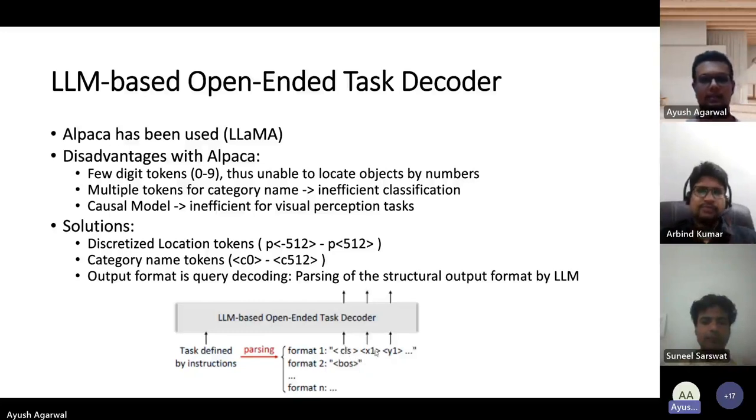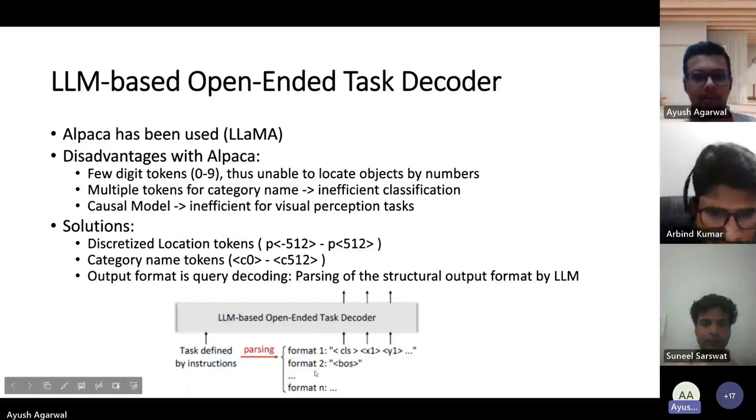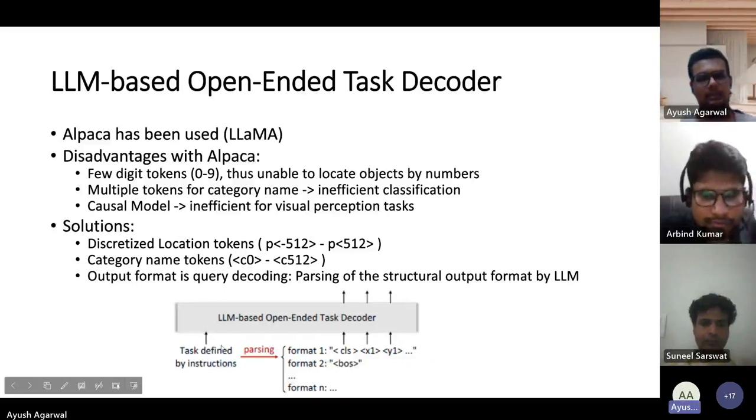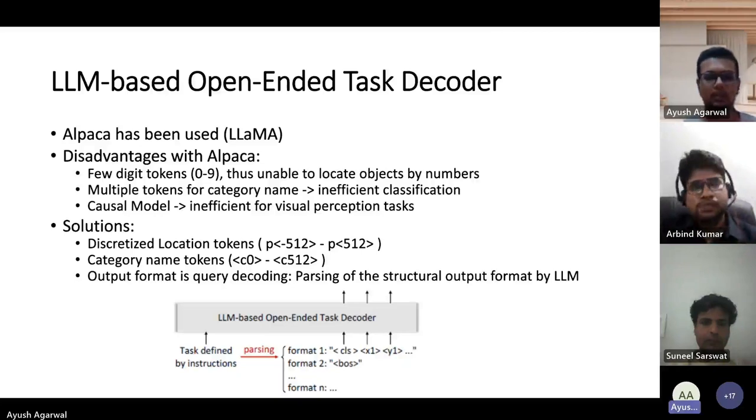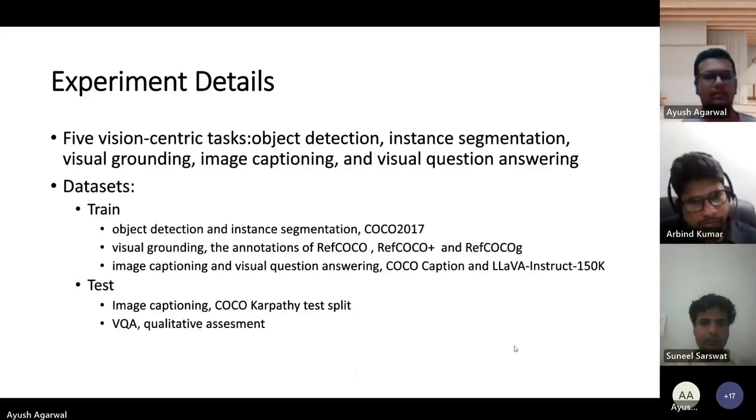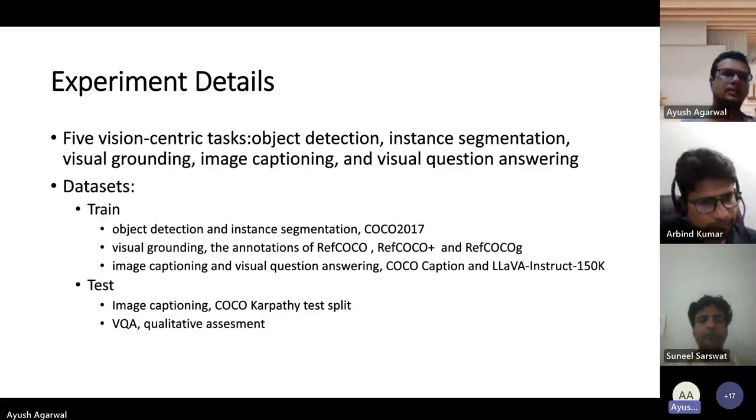There is a class token, then there are discretized location tokens. This POS would mean that the task is image captioning, and things like that. That way, it generates structural queries to pass to the decoder. So that was about the model description.